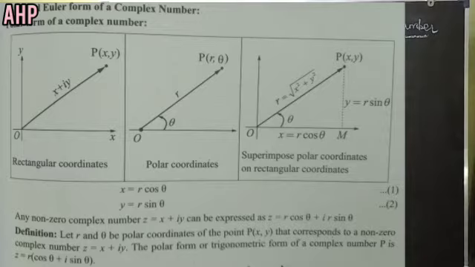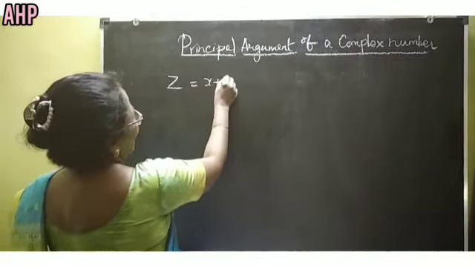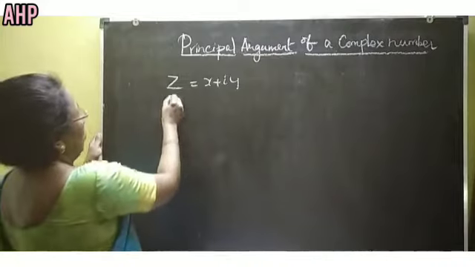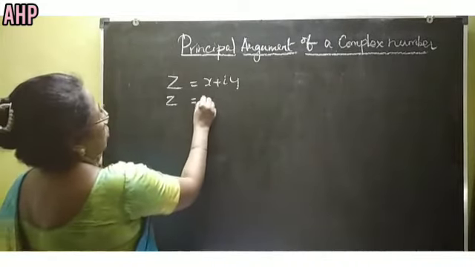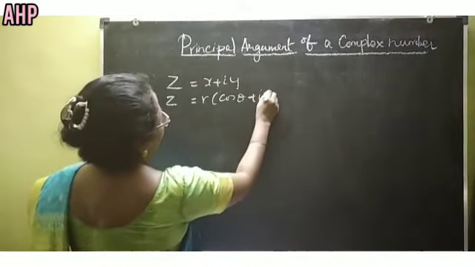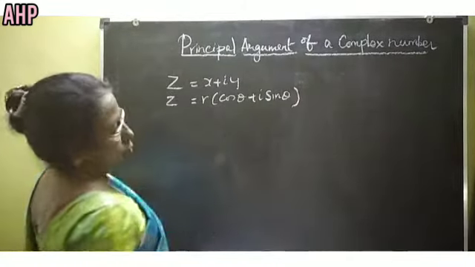The principal argument of a complex number. Now the complex number z is equal to x plus iy is the rectangular form. Otherwise, z is equal to r into cos theta plus i sin theta is the polar form.